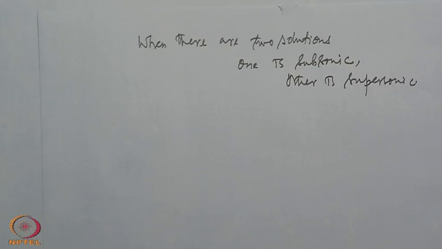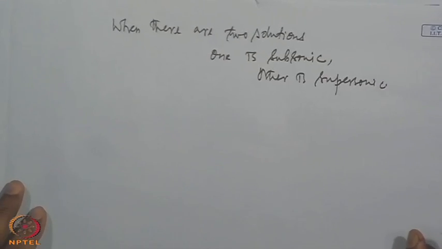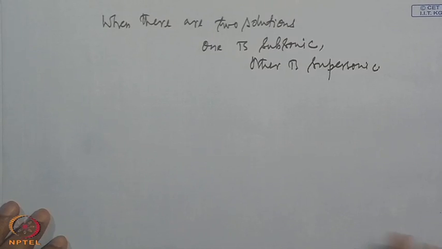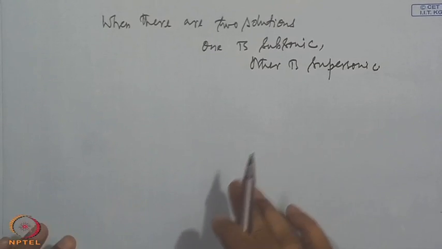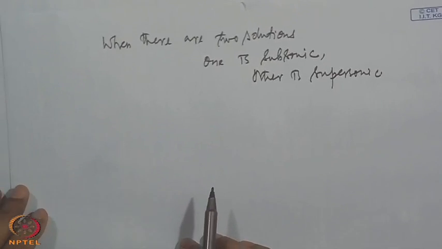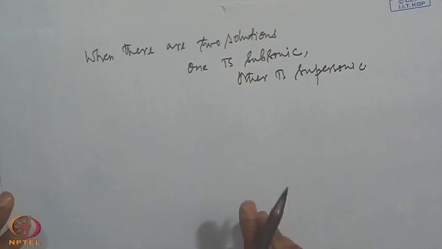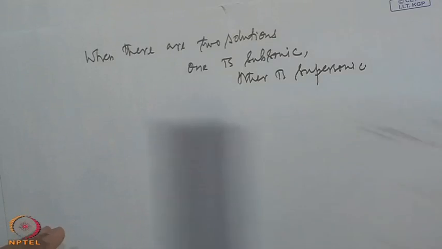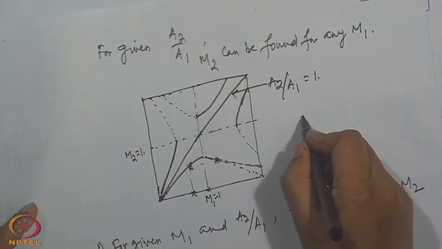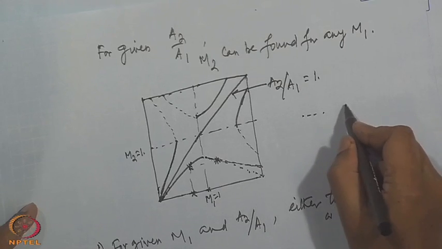Now, which one of these two solutions will really occur? That of course depends on whether there is a throat between 1 and 2 or not. If there is no throat, then the supersonic solution cannot occur. The supersonic solution can occur only if there is a throat in between, and that is what we have denoted here by these dotted curves. That is, the dotted curves will occur only if there is a throat in between.